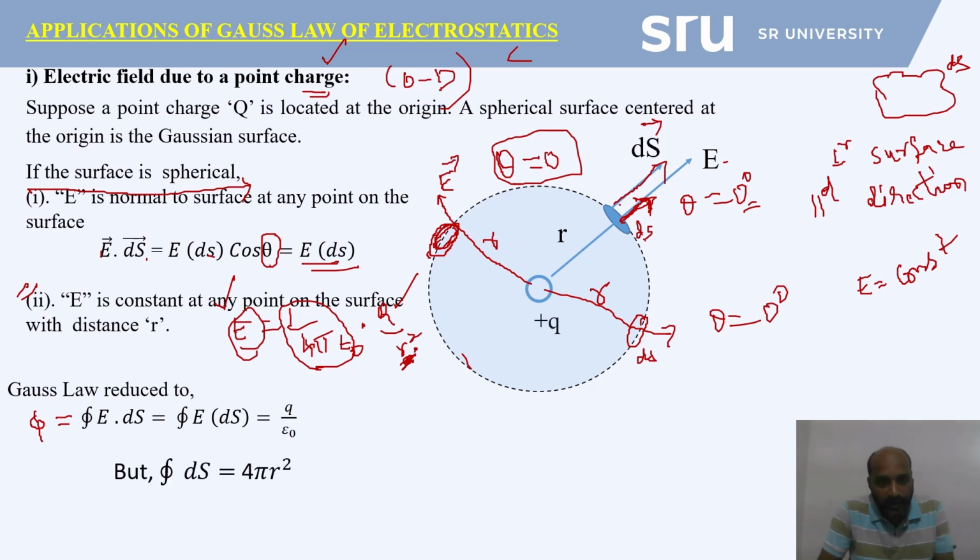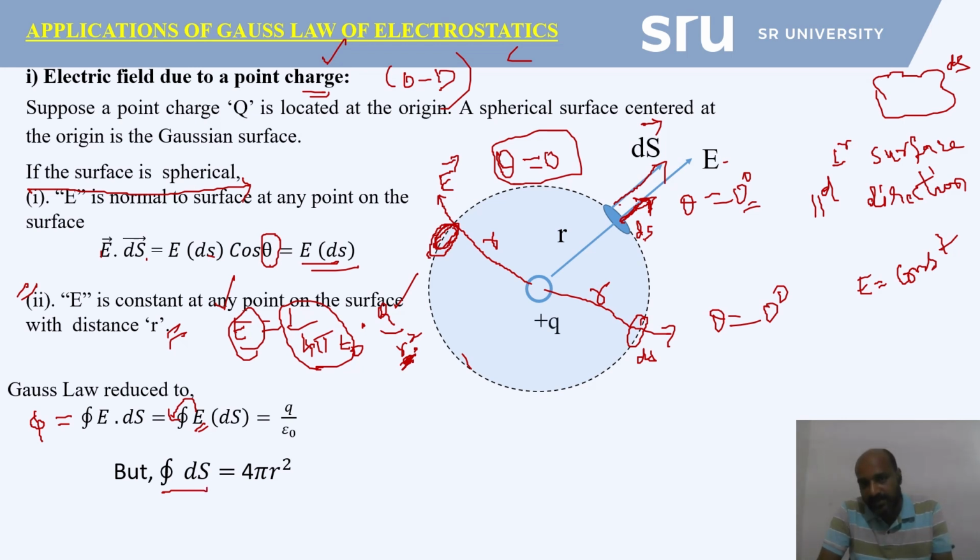As per this second point, you can write this E out of the integral because E is constant, and the remaining will be integral ds. You can write the electric field intensity out of the integral and the remaining will be integral ds.